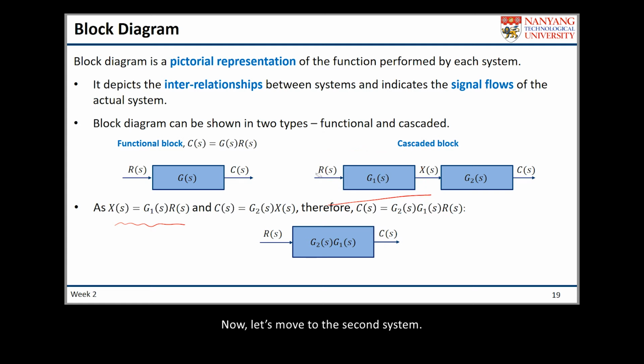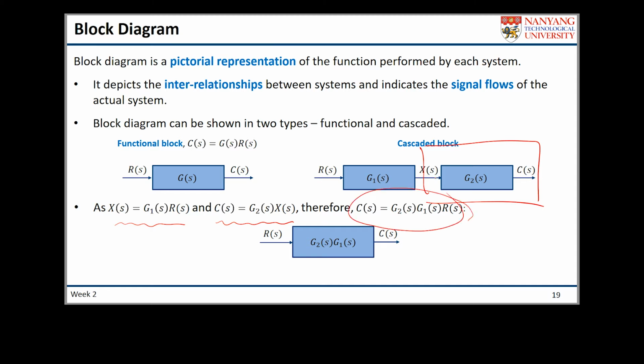Now let's move to the second system. X now is the input to G2 and C is the output from G2. Again, you can interpret it mathematically that C is equal to G2 times X. If you substitute the first equation into the second equation, you will end up with this equation, right?